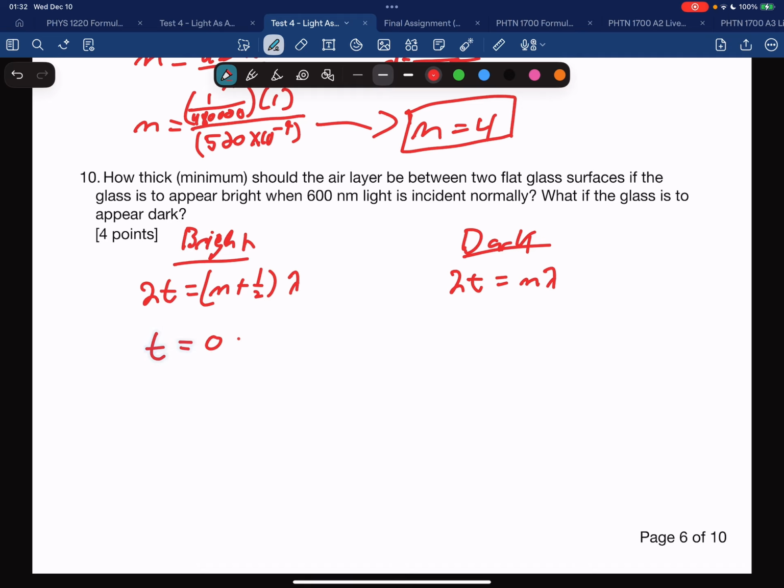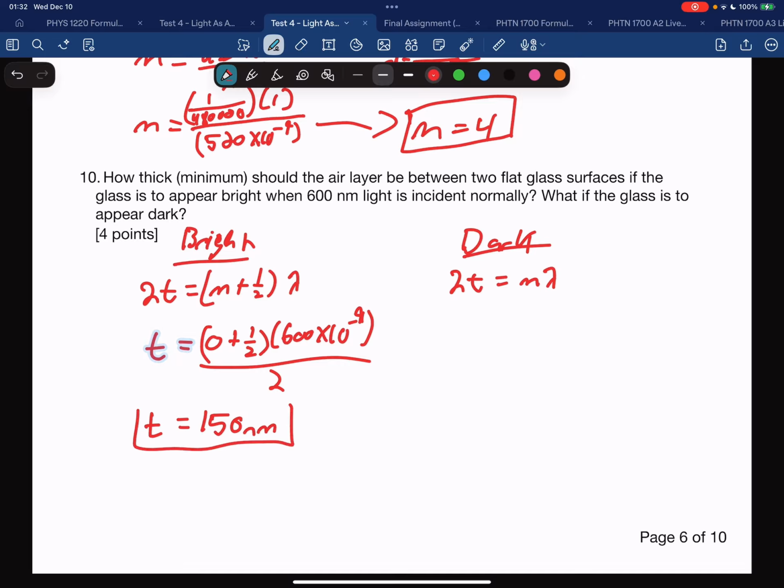Minimum value here is 0. We have 600 nanometers. And I also divided everything by 2 at once here. That will give me 150 nanometers as my final answer.